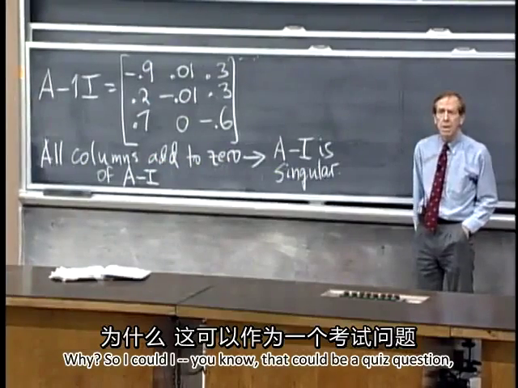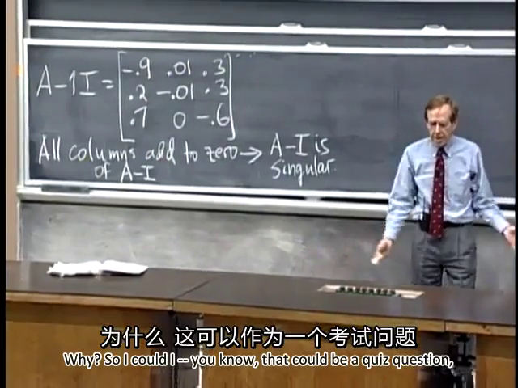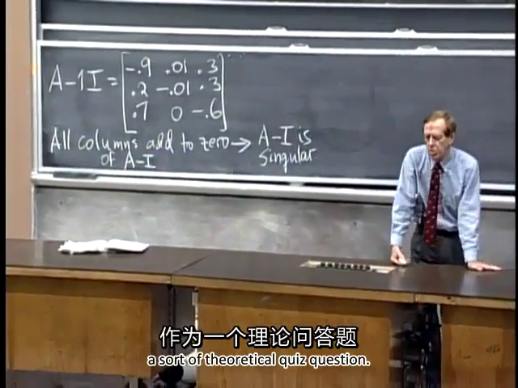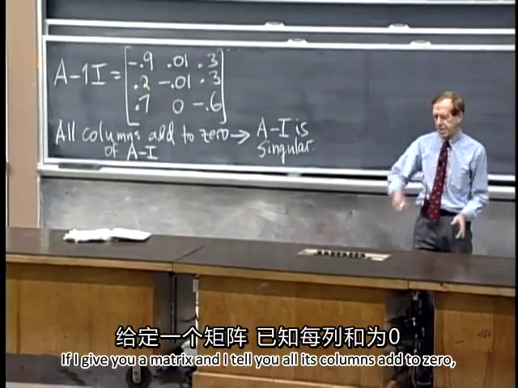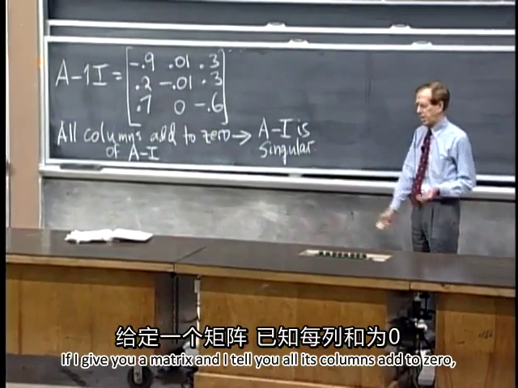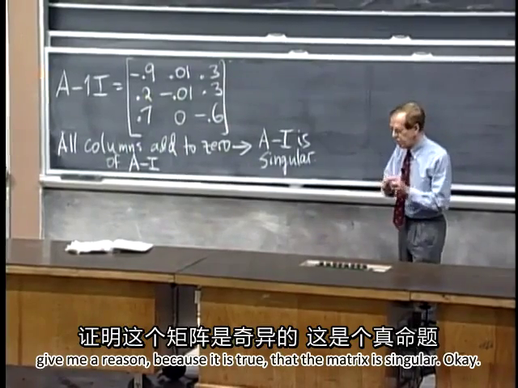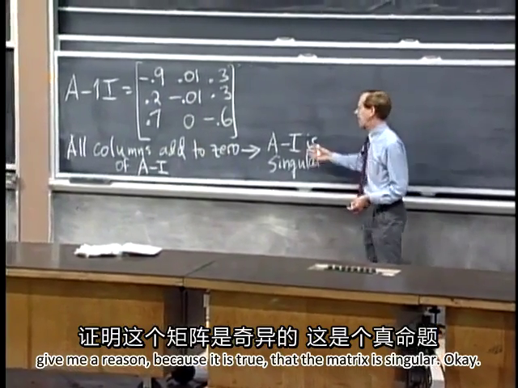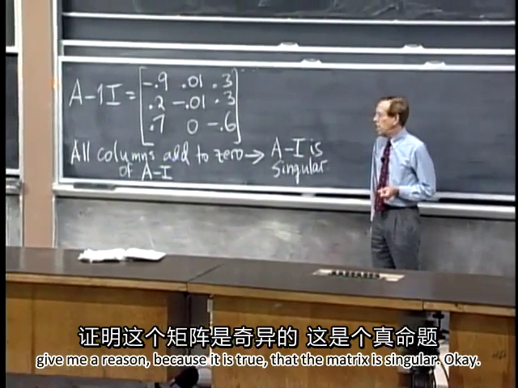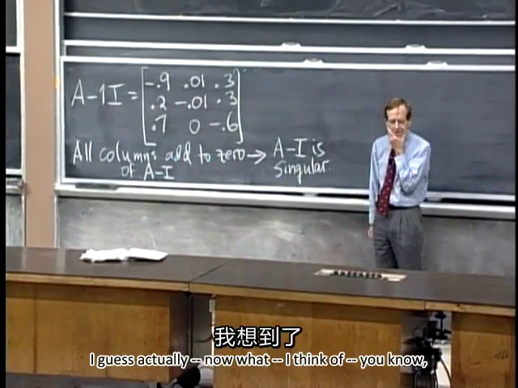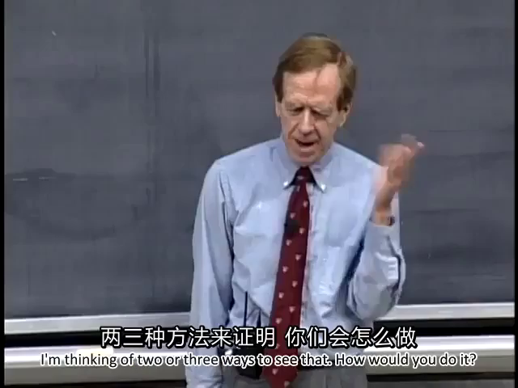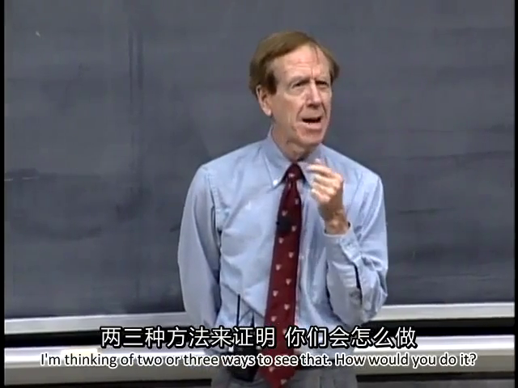Why? That could be a sort of theoretical quiz question. If I give you a matrix and I tell you all its columns add to 0, give me a reason, because it is true, that the matrix is singular. I'm thinking of 2 or 3 ways to see that.